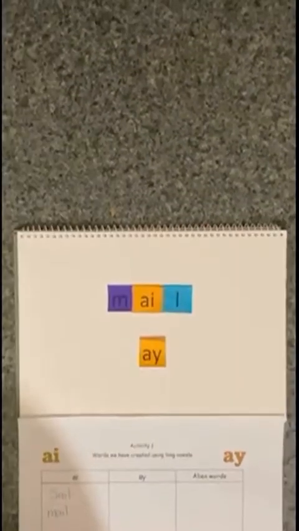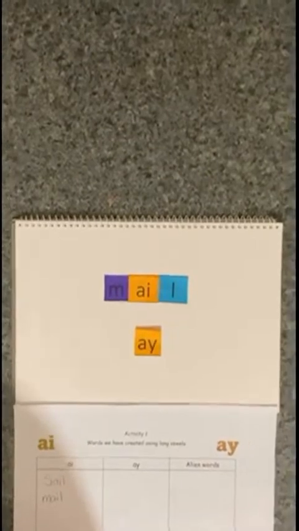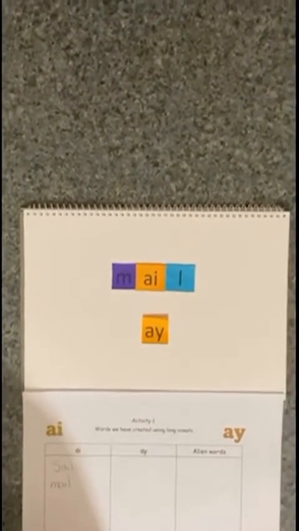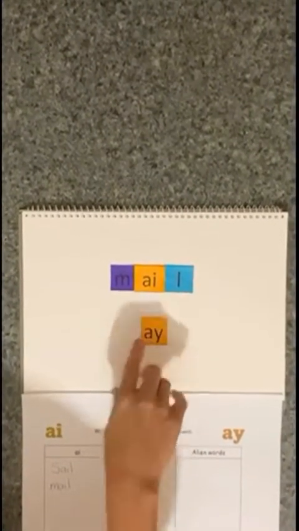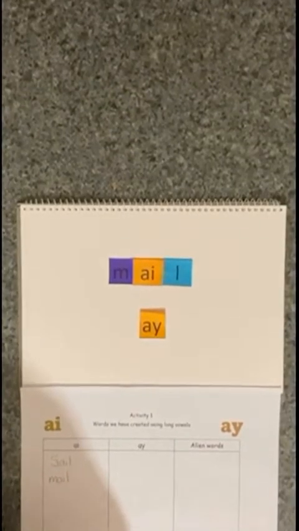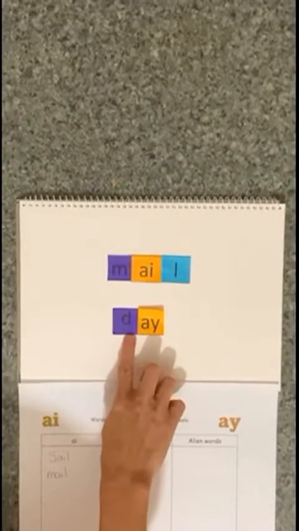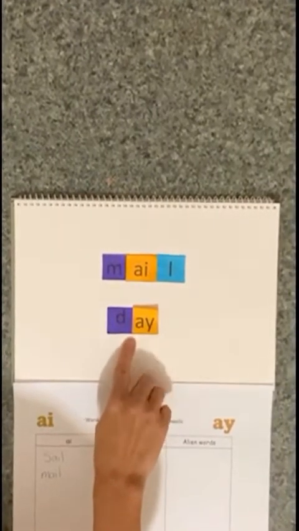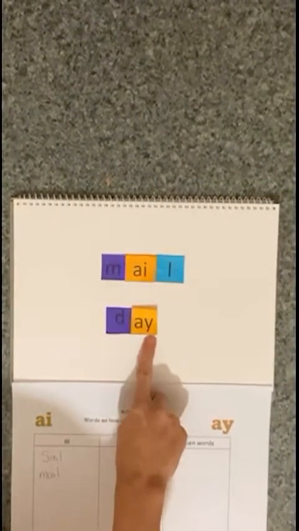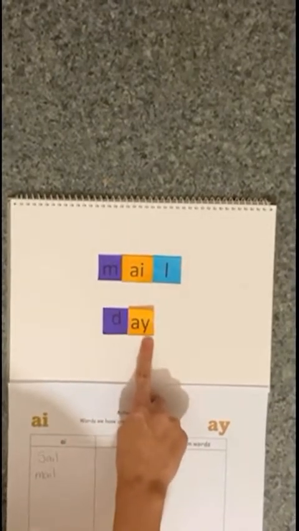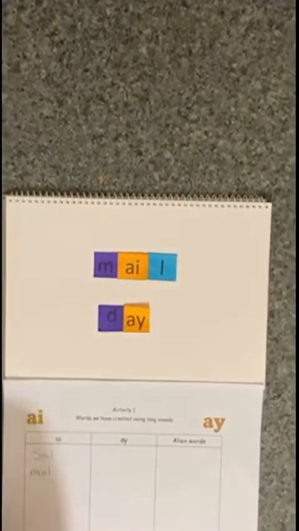Male. What about the other vowel? A-Y. If I put a D in front, sound D. Let's sound it out. D-A, day. We put day in our column.